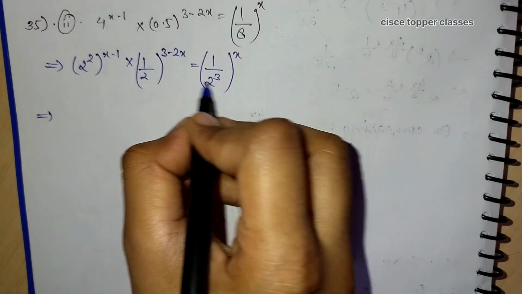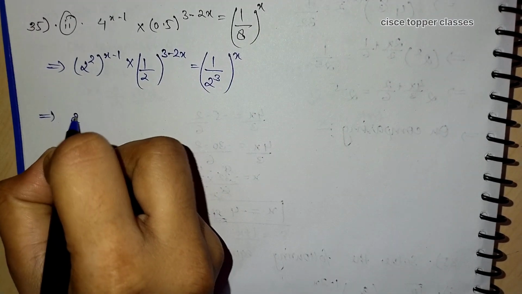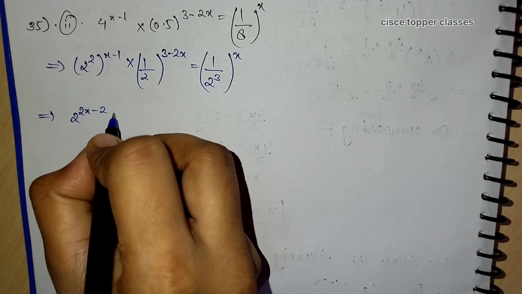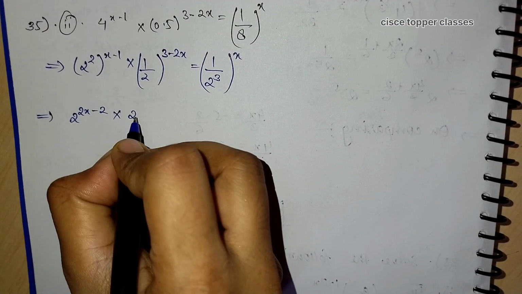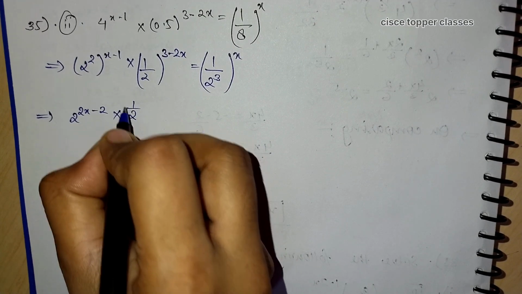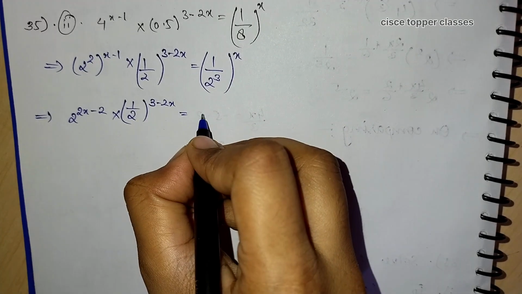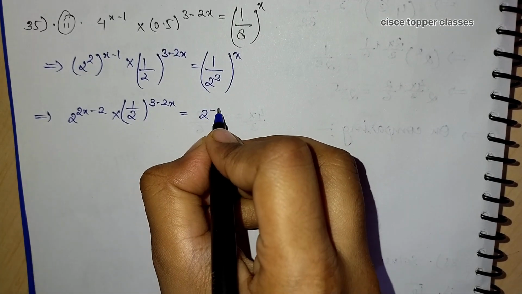Now we can write it in terms of 2. So opening the bracket, it will be 2 to the power 2x minus 2, into 2 to the power minus 1 whole to the power 3 minus 2x, equal to 2 to the power minus 3x.